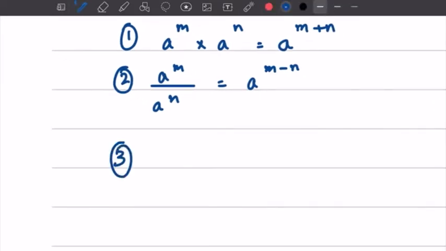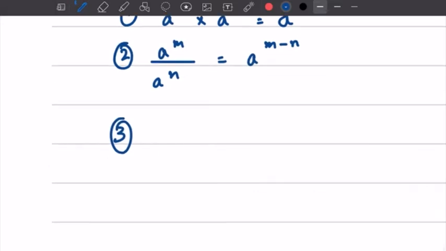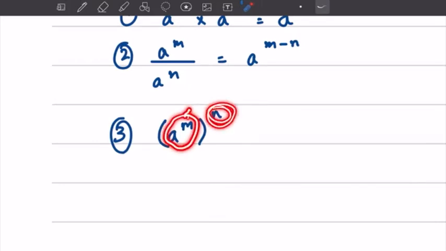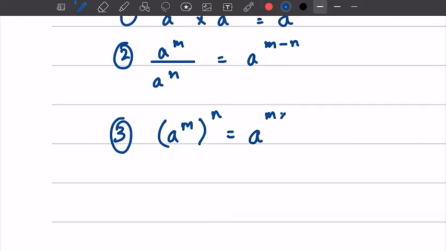Now the third law, when you have something like a to the power of m, in a bracket, to the power of n. That is what this says. Here the law says that when you have something like this, all you're doing is multiplying the exponents. You have a to the power of m times n.